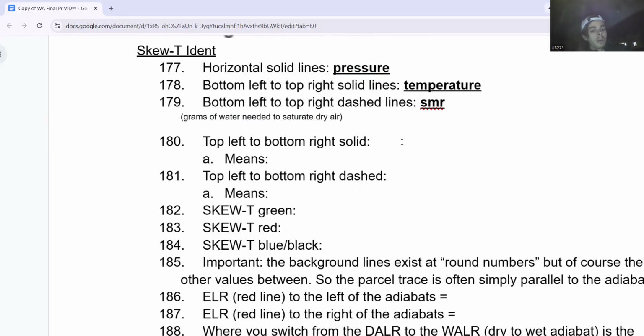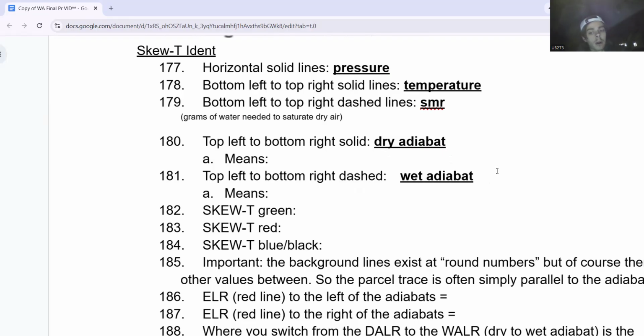The top left to bottom right solid lines is your dry adiabat. Remember that is basically showing you what your DALR is. This is what the parcel will do if it is unsaturated. Now, the dashed lines from the top left to the bottom right is your wet adiabat, and that shows you your WALR, and that's what the parcel will do if it's saturated.